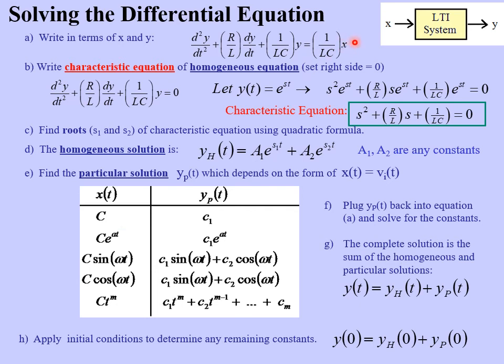If x was, let's say, a cosine function, so we hook this up to a signal generator, and this thing is oscillating back and forth, then x of t would be this cosine here, and for our particular solution, we would have to use this form here. But since we're not really going to work this one through, because I didn't specify what x is, we really can't go any further. But let's move on to the next example where it'll be a little more specific on how to solve this.